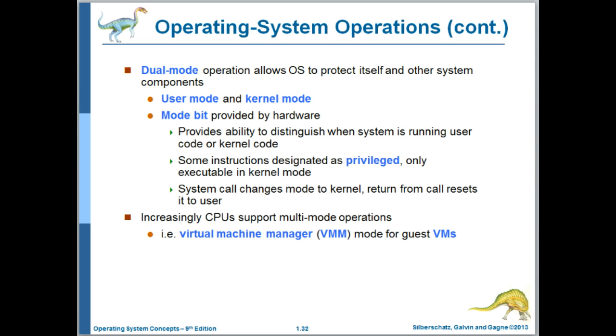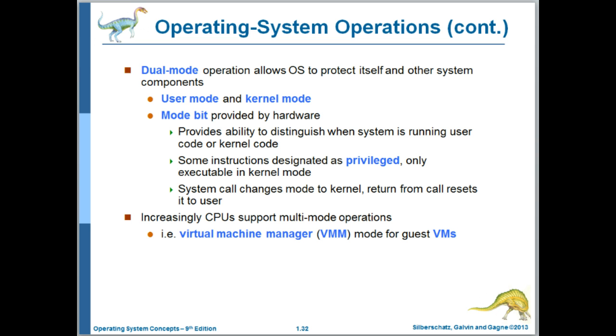All right, so this speaks to the dual mode operation of the CPU. In kernel mode, all of the CPU's instructions are available, all of memory is available, and all of the I/O address space is available. So in other words, when the CPU is in kernel mode, anything can happen.